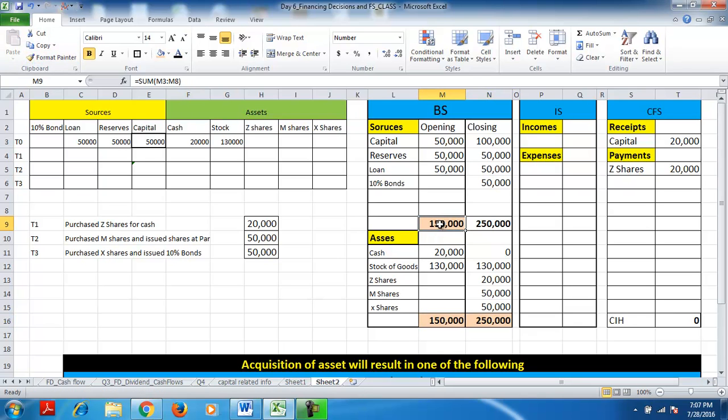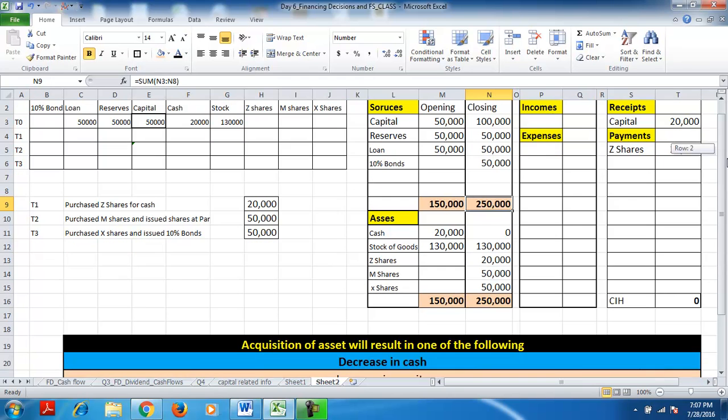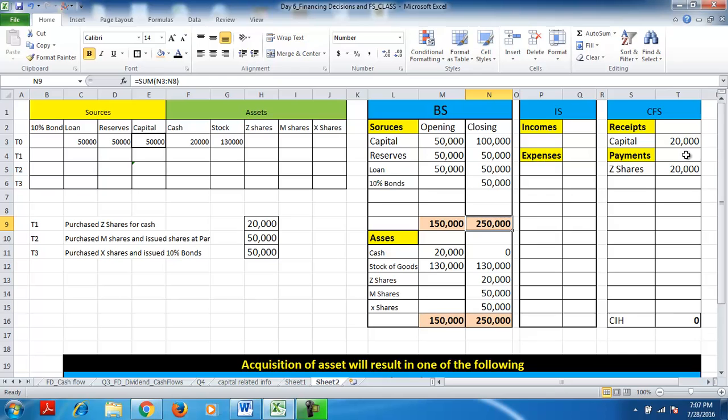So acquisition of asset, which is the focus of this particular session, shows that a company can acquire assets either by using the existing cash, or by creating liability, or by raising capital. The same effect can also be seen through the accounting equation. When we purchase the shares in the accounting equation, cash reduces and an increase in the shares happens, no change in the sources side.